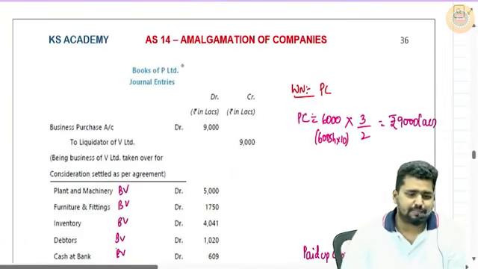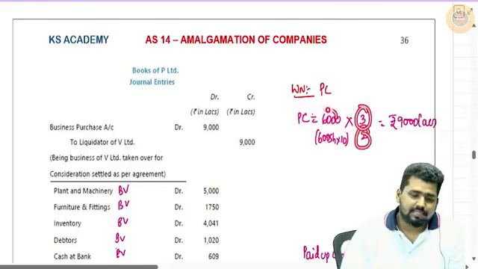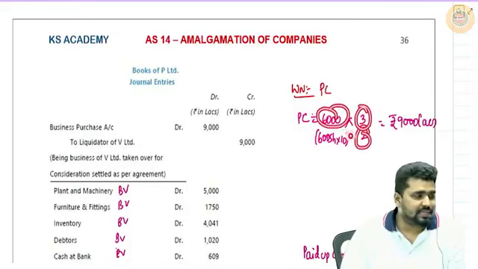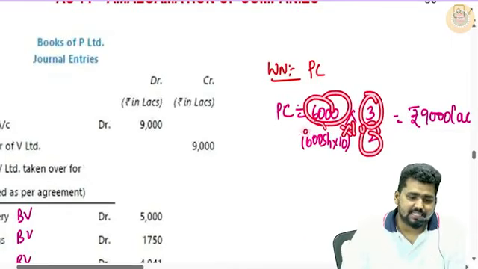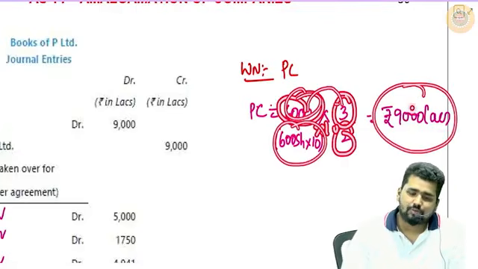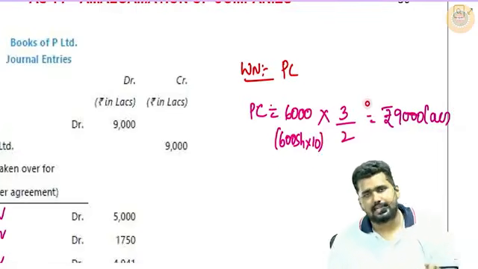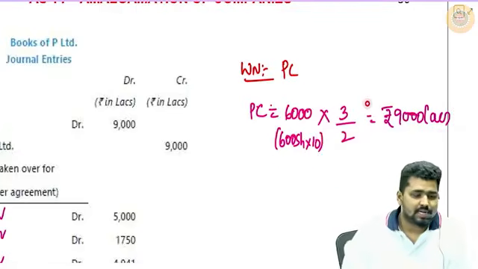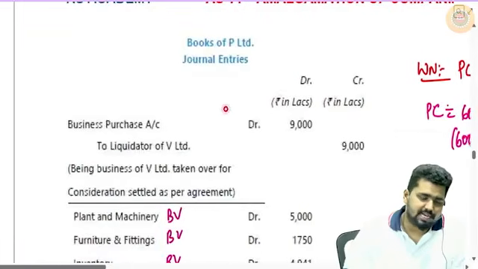Therefore PC is, for every 2 shares, 3 shares we are going to give. So 6,000 lakhs is the value. 1 share is 10, so 600 into 10, total 6,000 in value. 6,000 into 3 by 2. Total PC value is what? 9,000. Take calculators and check. 6,000 into 3 by 2 comes to 9,000 lakhs. Amounts are in lakhs as per the question.